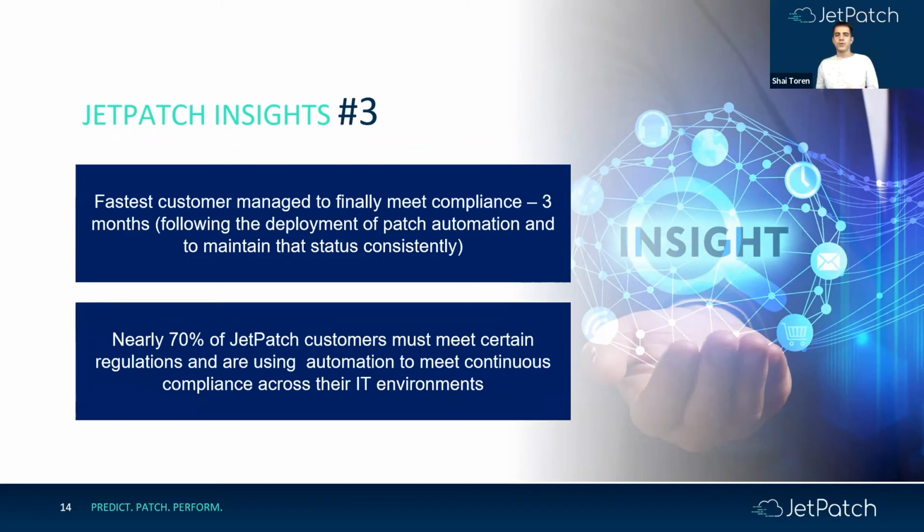Nearly 70% of the customers who must meet certain regulations are using automation to meet continuous compliance across their IT environment, which is very encouraging because there is actually no way to meet all this regulatory compliance without using tools that help you analyze the data. There is a way, but it consumes a lot of resources and a lot of time.